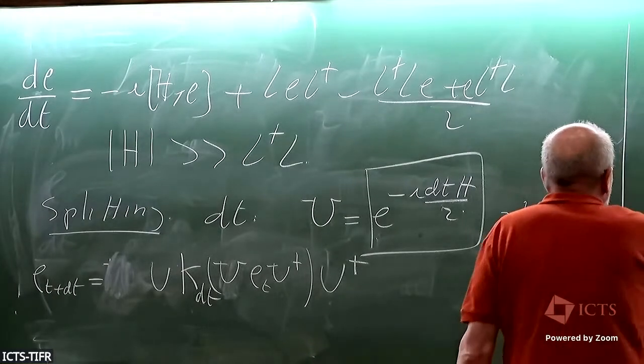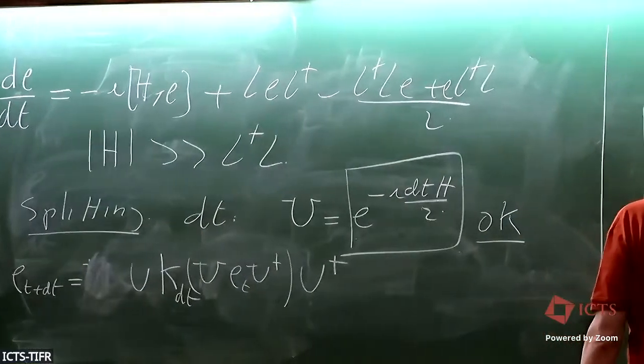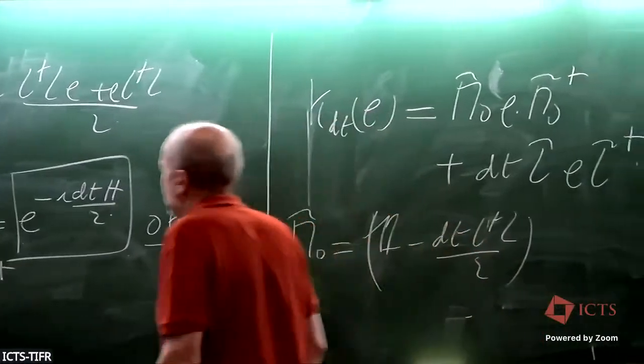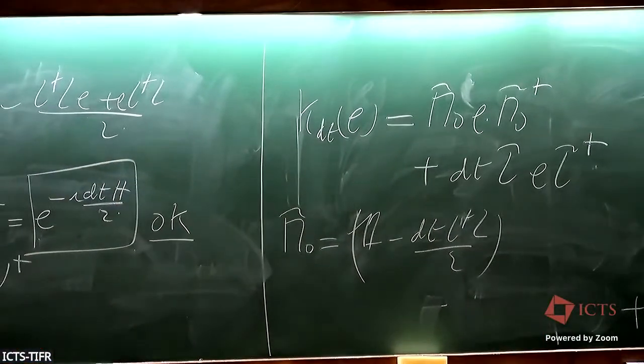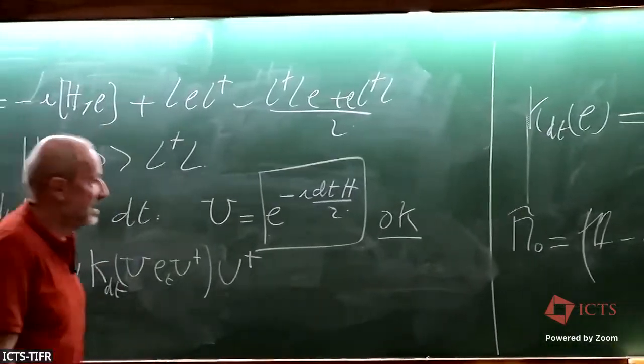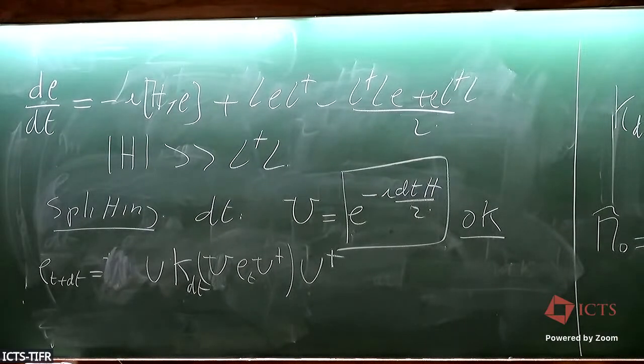In M0 and M0 tilde, it is 1 minus dt L dag L over 2, of course. It is the evolution here without the Hamiltonian. It is a way, and it is quite useful typically for infinite dimensional systems, this kind of stuff.